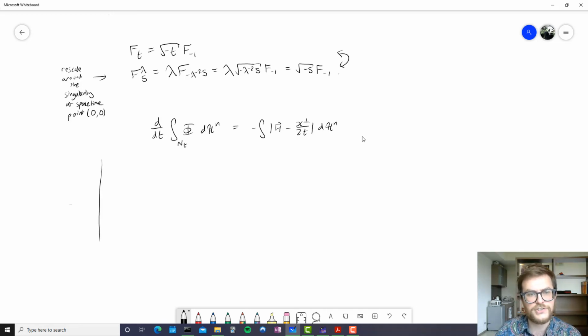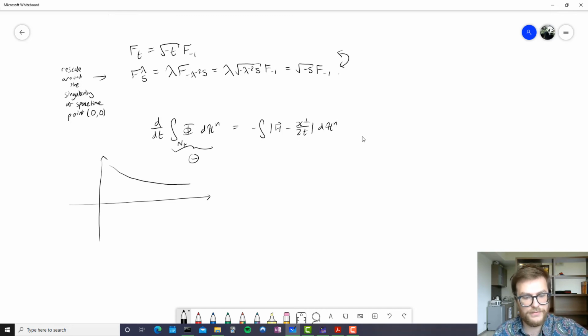If I sketch, just as an intuition, the graph of this quantity, I'll call this theta, then theta goes down. It doesn't need to be convex. It just goes down like this until the singularity at time 0.